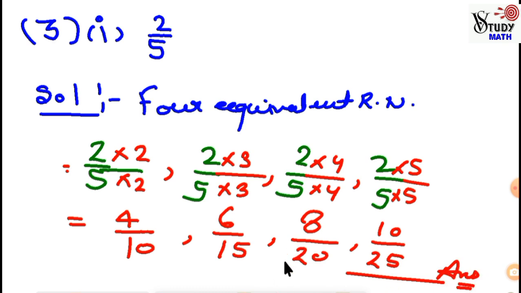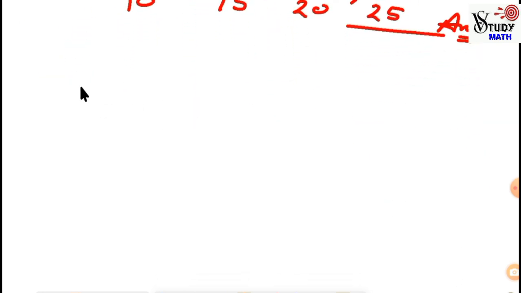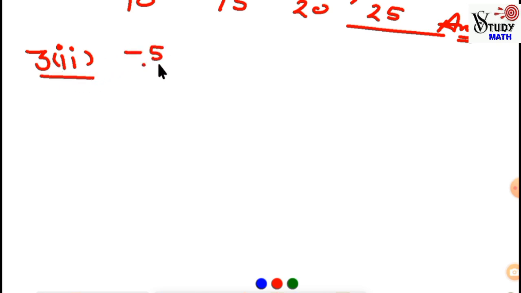Now move to the next question. Question number 3 part 2 is given here, negative 5 by 9. Let's start solving this question.